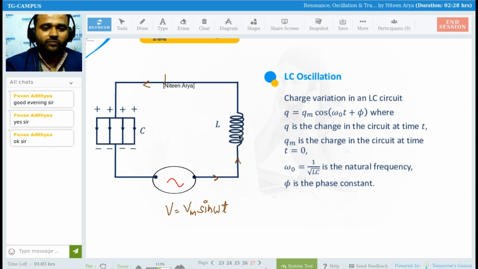Now you can see that the moment current is going in this way, first of all, it is going to create an induced EMF. Clear enough?